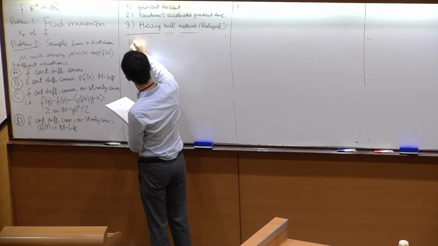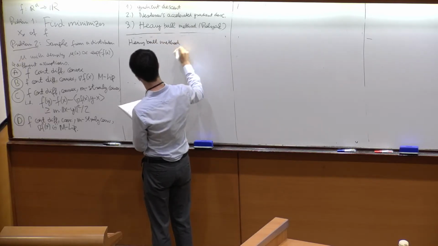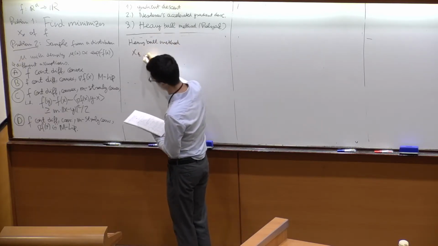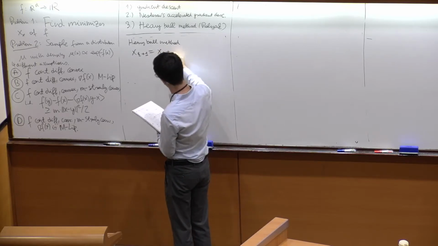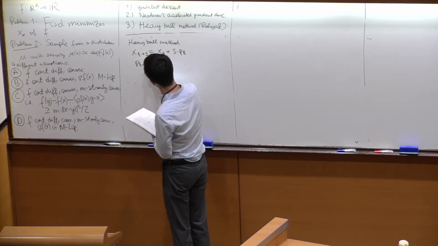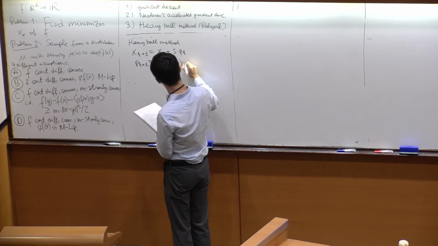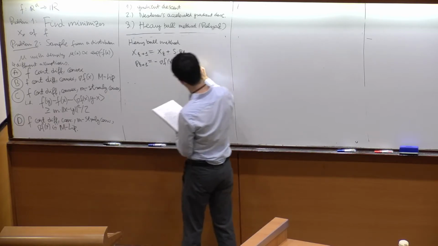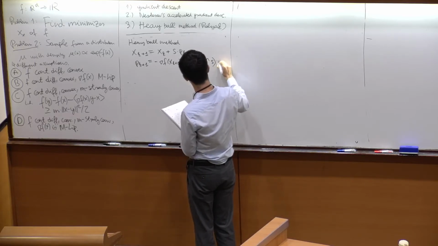Consider the following procedure. So x_{k+1} equals x_k plus s times p_k, and p_{k+1} equals minus gradient of f at x_{k+1} times s, minus (1 minus gamma s) times p_k.